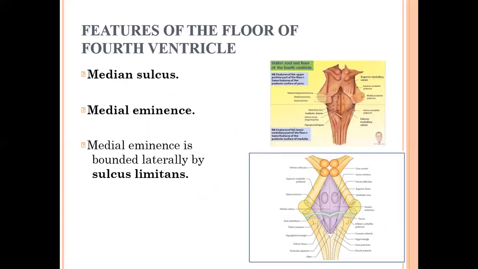Now, what are the features of the floor of the fourth ventricle? First point: the entire floor of the fourth ventricle is divided into right and left symmetrical halves by the median sulcus.